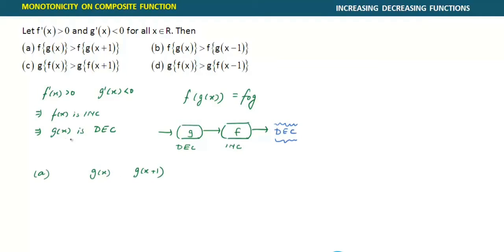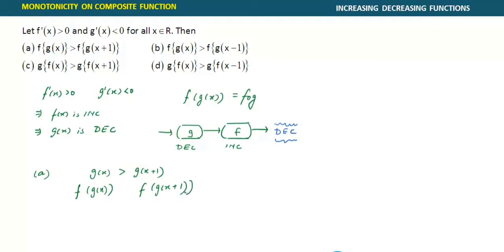Since g is a decreasing function, g(x) will be greater, because x is the smaller input, and the value at the smaller input will be greater than the value at the larger input. Now you have to apply f, so f of g(x) and f of g(x plus 1).